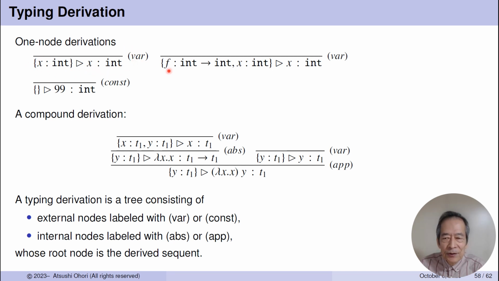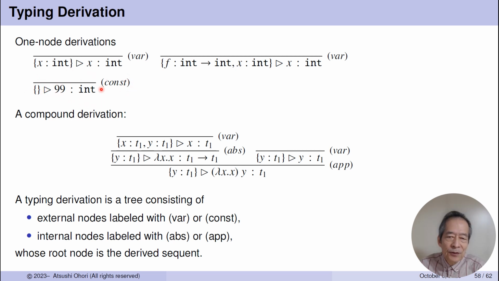This is another example of application of the var axiom, where we have two assumptions in the typing environment, f of type int arrow int and x of type int, and under this assumption, x has type int. This is another example of a one-node derivation.